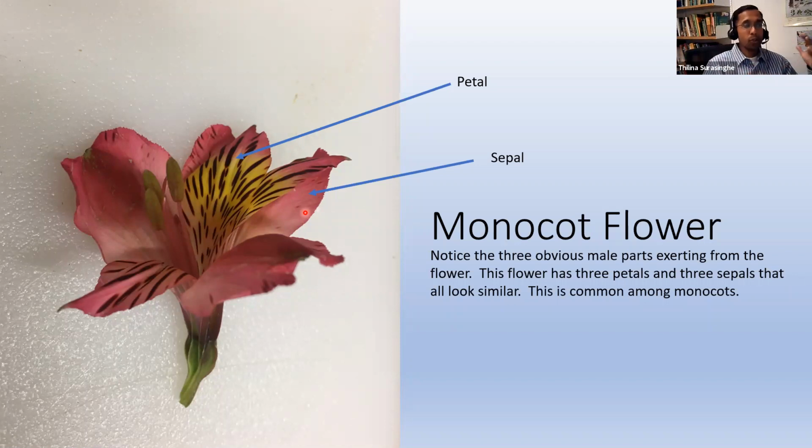Now, are petals always larger than sepals? No. So mostly, yes, petals are larger than the sepals. Are petals always more colorful than the sepals? Mostly, not always. Remember the sunflower? The sunflower sepals are actually larger and more colorful than the sunflower petals.